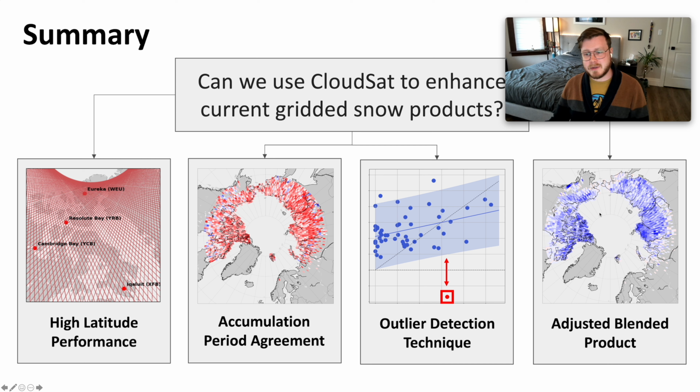This can lead to applications like the quality flag that we've developed, as well as recalibrating things like blended products to identify if there might be biases that exist because of these statistically inconsistent periods. And all of this is done automatically using the process we've developed with CloudSat CPR estimates.